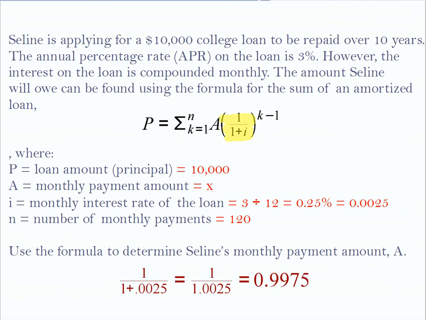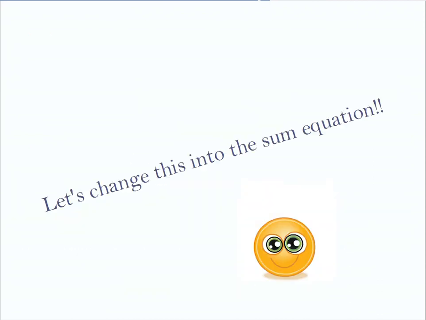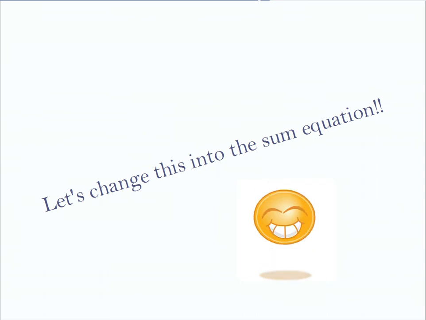So inside the parentheses, we have a little mini formula in here, 1 over 1 plus the monthly interest. If I put in my 0.0025 that we calculated, I would get 0.9975. That's actually going to be my common ratio. So now let's change this into our summation formula.